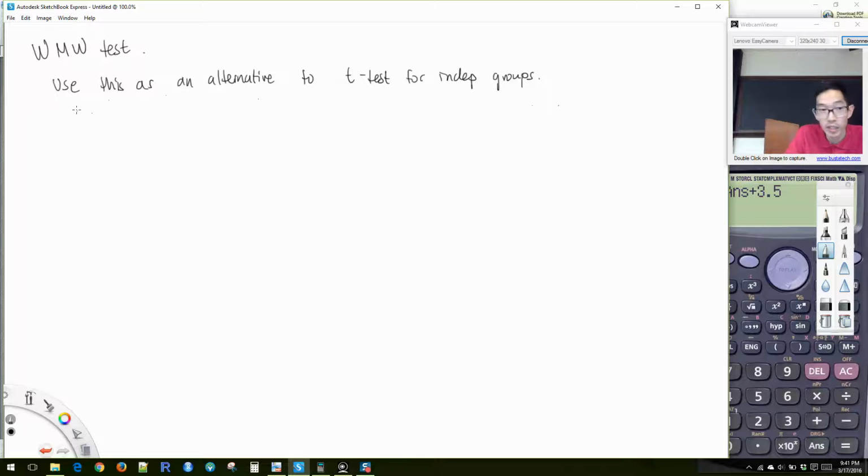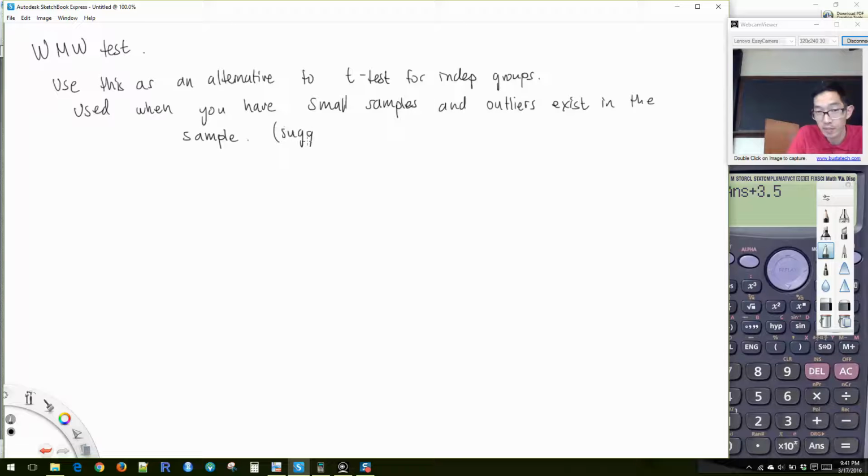It's used when you have small samples and outliers exist in the sample. So this suggests that central limit theorem conditions are not met.